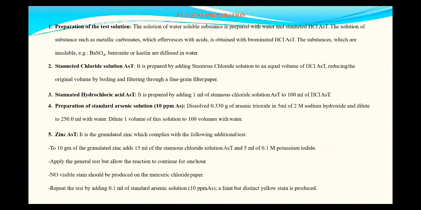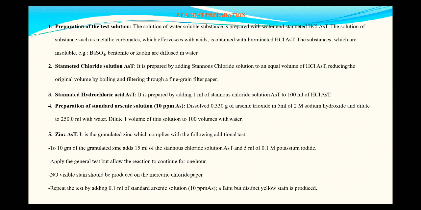Fourth, preparation of standard arsenic solution having strength 10 ppm, 10 parts per million. Dissolve 0.33 grams of arsenic trioxide in 5 ml of 2 molar sodium hydroxide and dilute to 50 ml with water. Dilute 1 volume of this solution to 100 volumes with water. We will get standard arsenic solution.